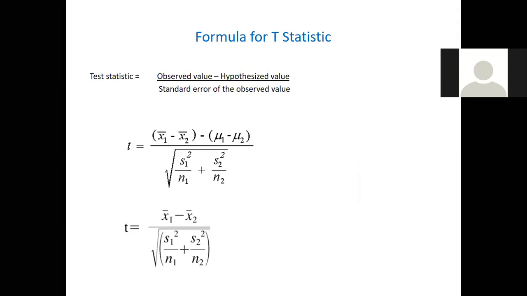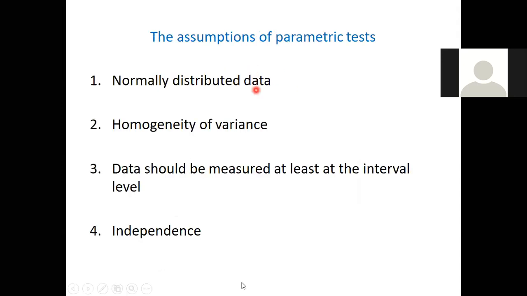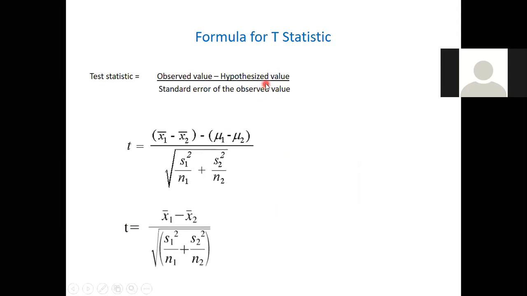What you are trying to do is compare the observed value, or observed difference, and the expected difference. When you see the word hypothesized, it means expected value. Another name for hypothesized is expected.